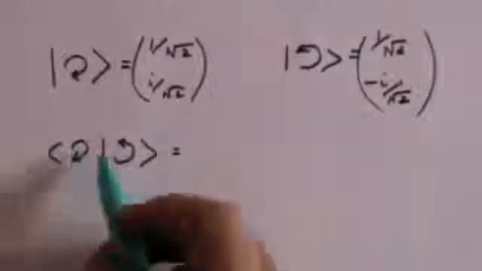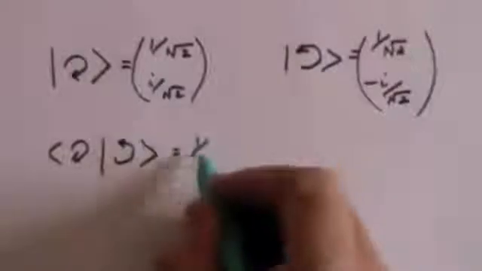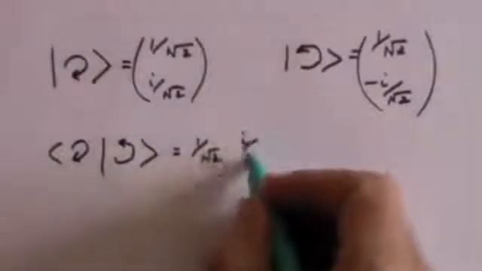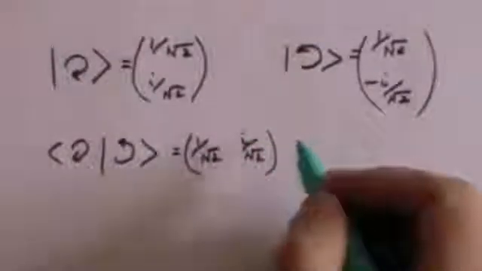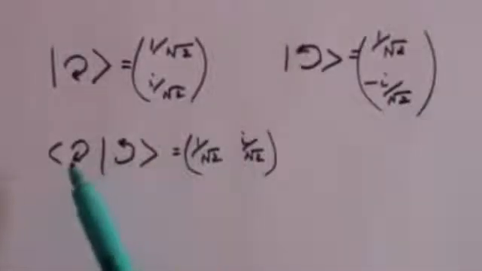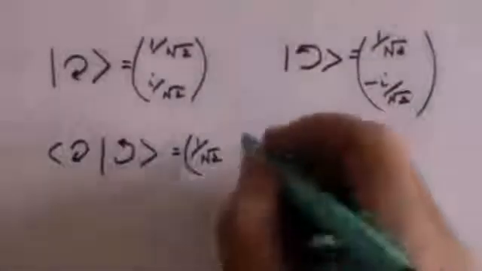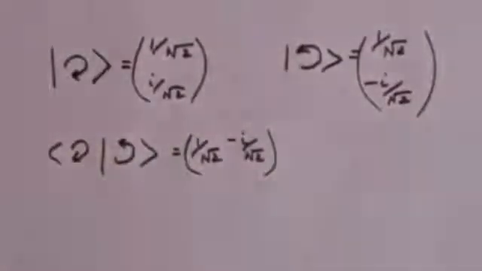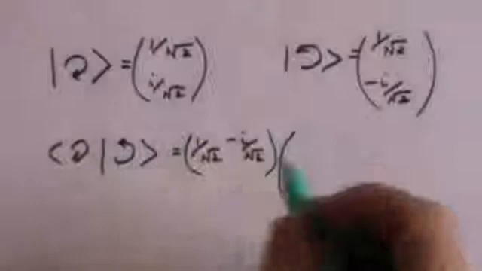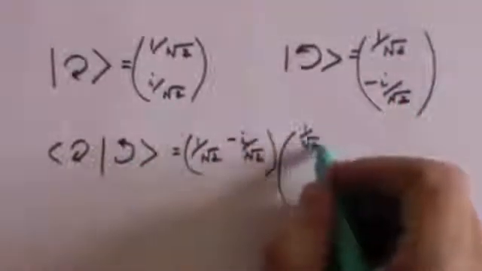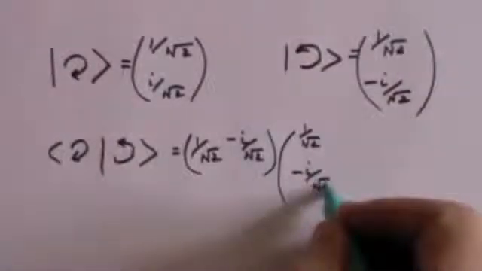Well, the clockwise state is 1 over root 2 and i over root 2. But remember, this is now the bra vector. You have to complex conjugate, so this now has to have a minus. And then you put it through the anti-clockwise, which is 1 over root 2 minus i over root 2.